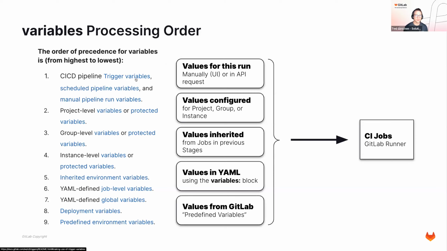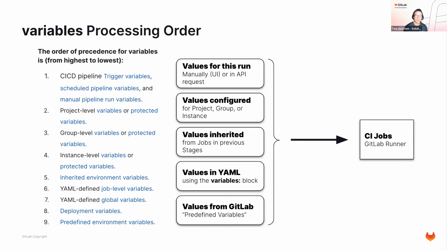These can be variables that are defined specific to this run, for example, in the UI or via the API. Then we have, in order, project level variables, group level variables, and instance level variables. Depending, for example, if you're running a pipeline within a project and it's part of a group, it inherits these variables. Same goes for the instance.